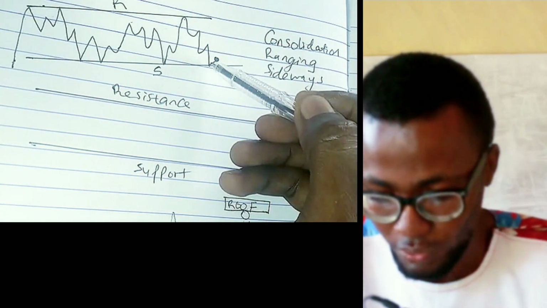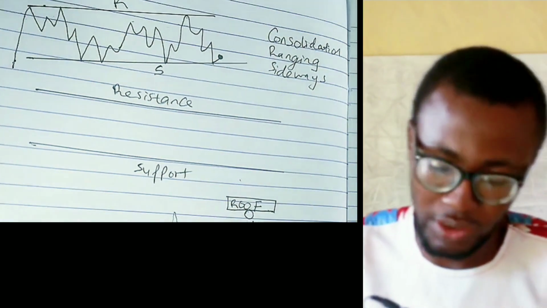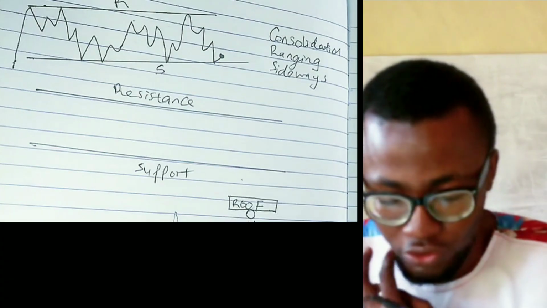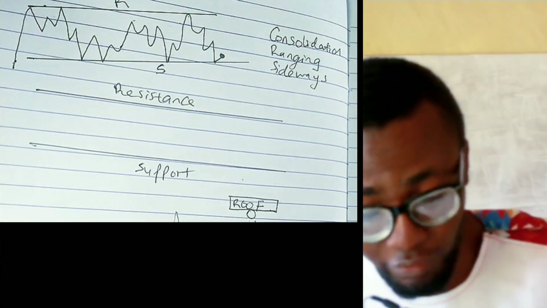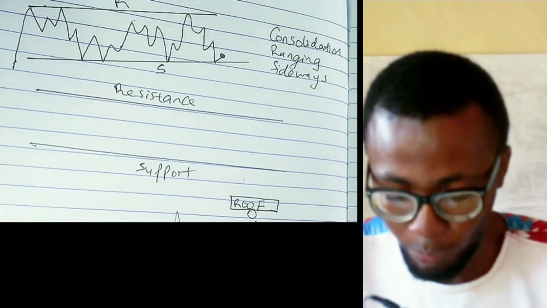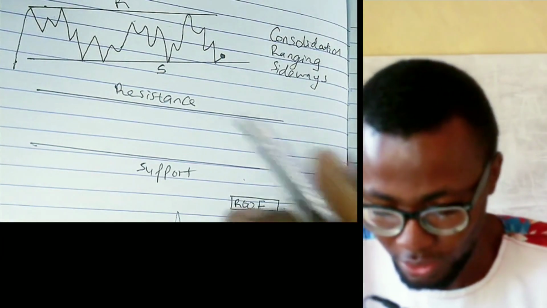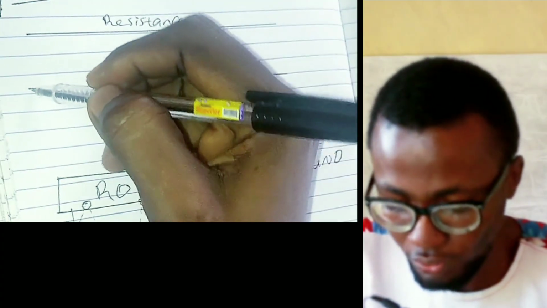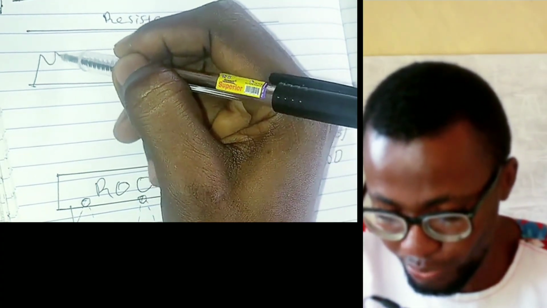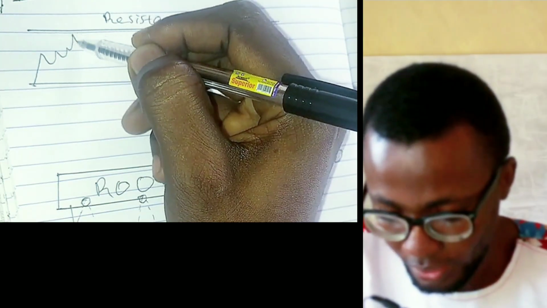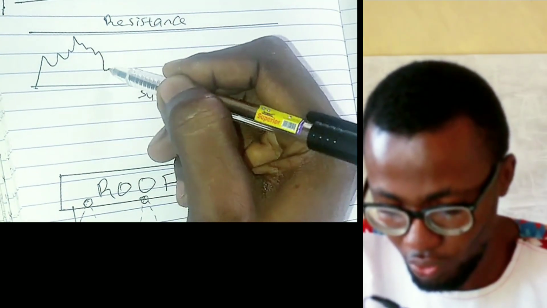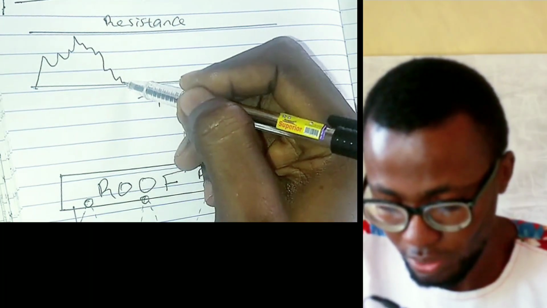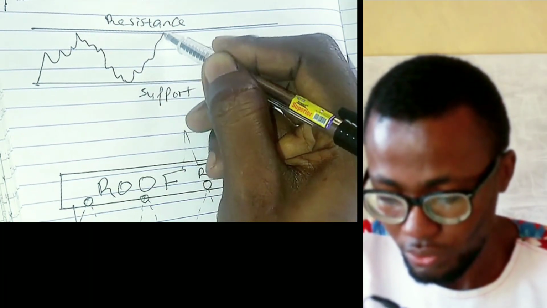The support. So in a consolidation, the market is moving in a horizontal format. Up, down in a horizontal format. So now, when this thing goes up, it behaves and goes up, then what happens? It goes down. Then it goes up, it goes down.